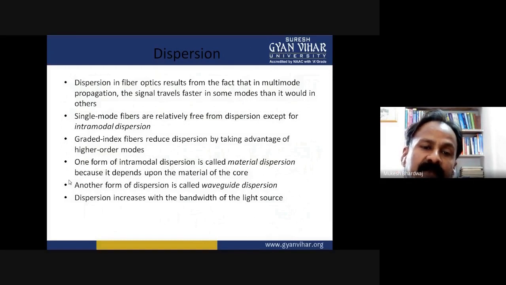Graded index fiber reduces dispersion by taking advantage of higher order modes. One form of intramodal dispersion is called material dispersion because it depends upon the material of the core. Another form of dispersion is called waveguide dispersion. Dispersion increases with the bandwidth of the light source.